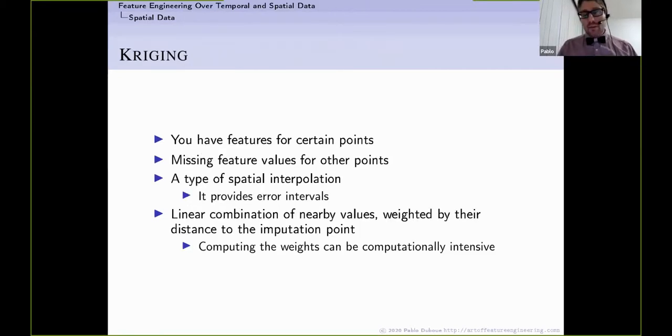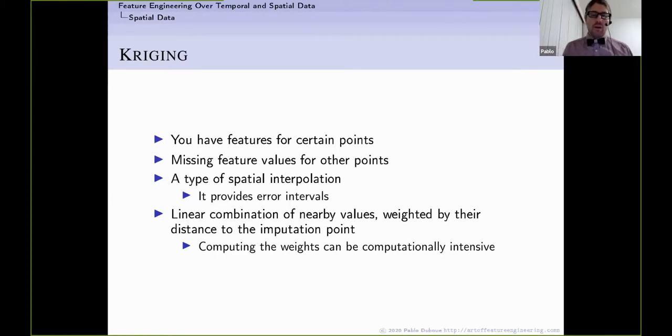Another technique that I would like to mention to you, but we are not going to see it, is a particular type of spatial interpolation called ordinary kriging that allows you to have certain information available for specific points on the map, and then calculate the value of that function on other points.